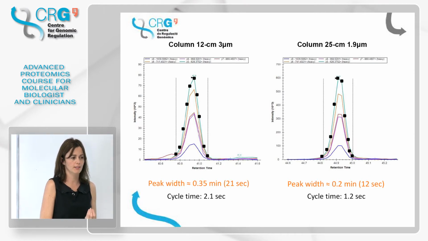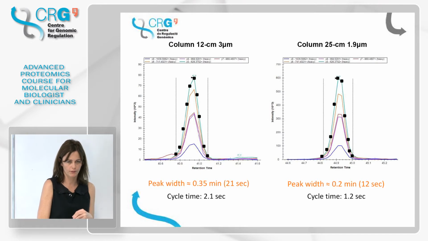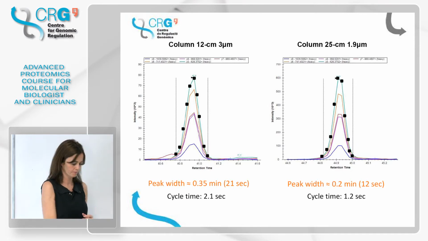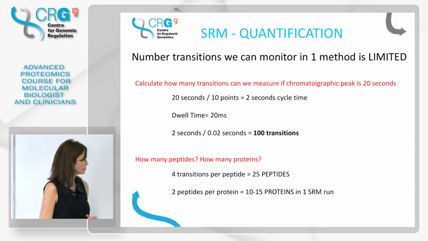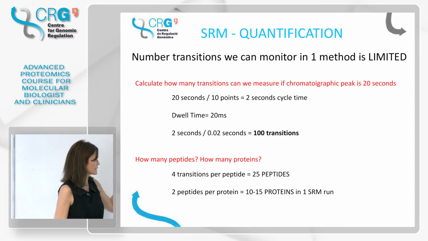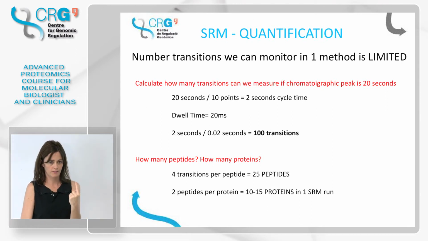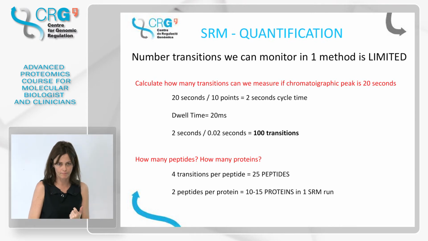But the most important thing is that we know our chromatography. And if we change the conditions, we need to study again our chromatography and adapt. Okay, so here is this exercise. Now we know that the number of transitions we can monitor in one single run is limited, and is limited by our cycle time.